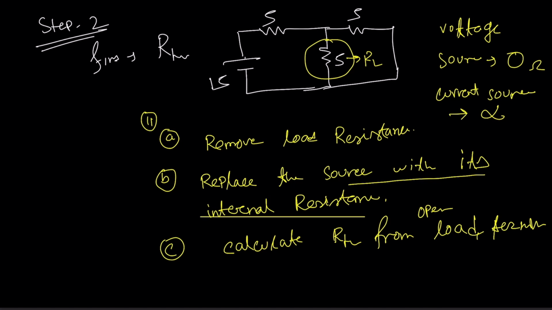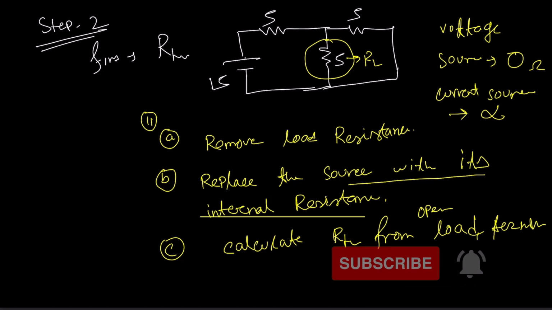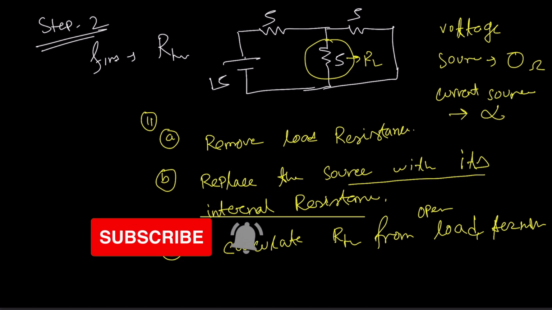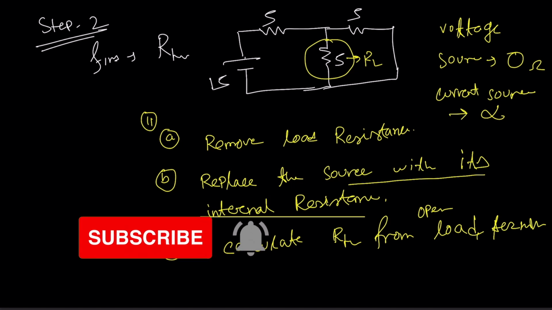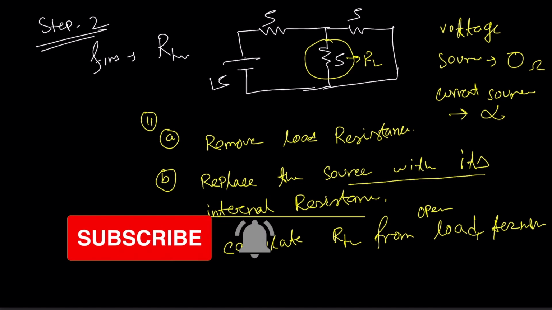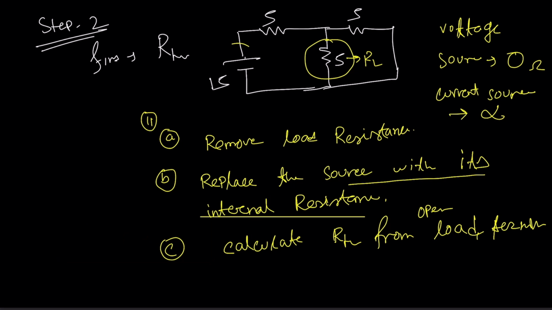That means if in the circuit there is a voltage source, you need to replace it with 0 ohm, or just do a short circuit. If there is a current source, what you need to do? Replace with infinity. That means you need to do an open circuit. In our question, they provided a voltage source. Okay, so what we need to do? We need to replace it with a short circuit.